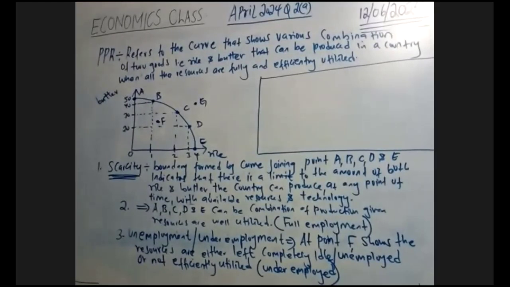And then number two, we can explain it in terms of full employment. If we pick any combination at point A, B, C, D, or E, if the country chooses to produce at any of these points, for example at C, the combination they shall produce is two bags of rice and 30 units of butter.